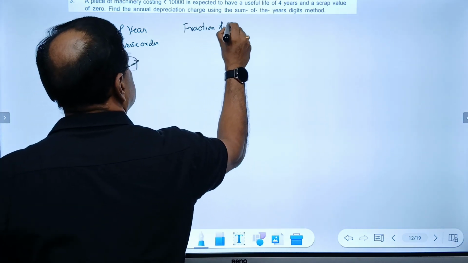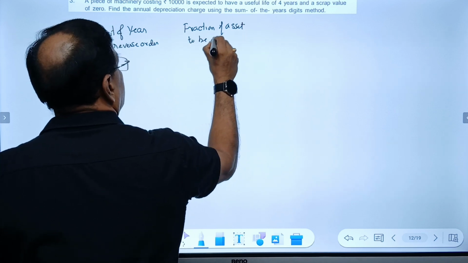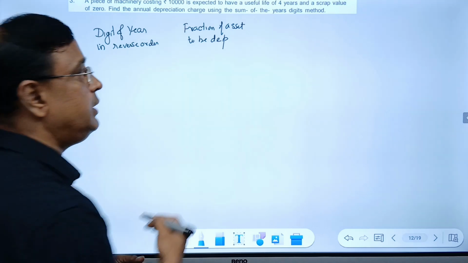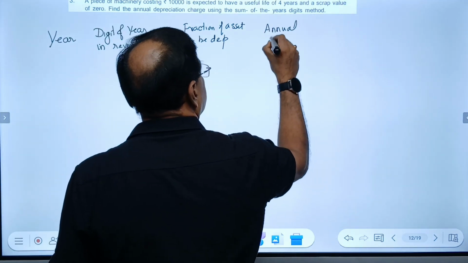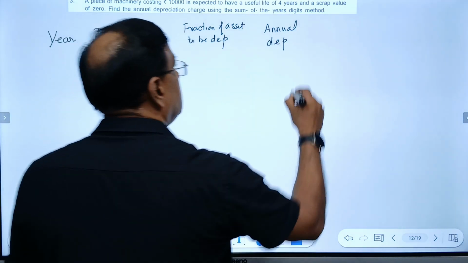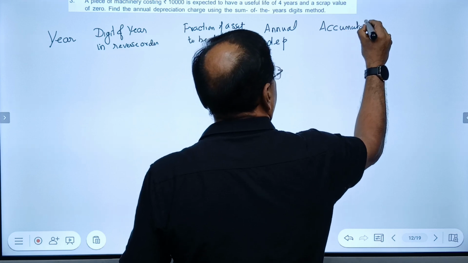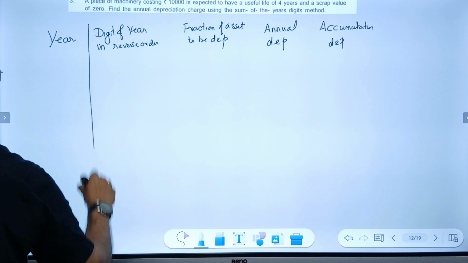Then another column called annual depreciation. And finally, as usual, accumulated depreciation. So let's go one by one.